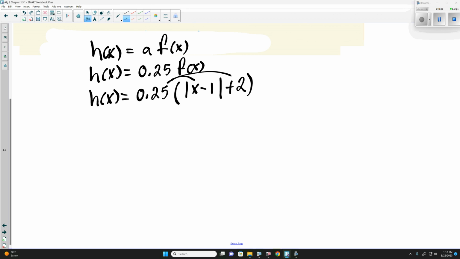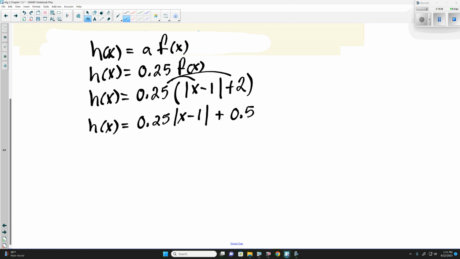So we can do the 0.25 times our absolute value, and we will have that with the plus 2, or with our absolute values, because we do it first. So we just put the number in front. Now exactly, 0.25 times 2 is 0.5.